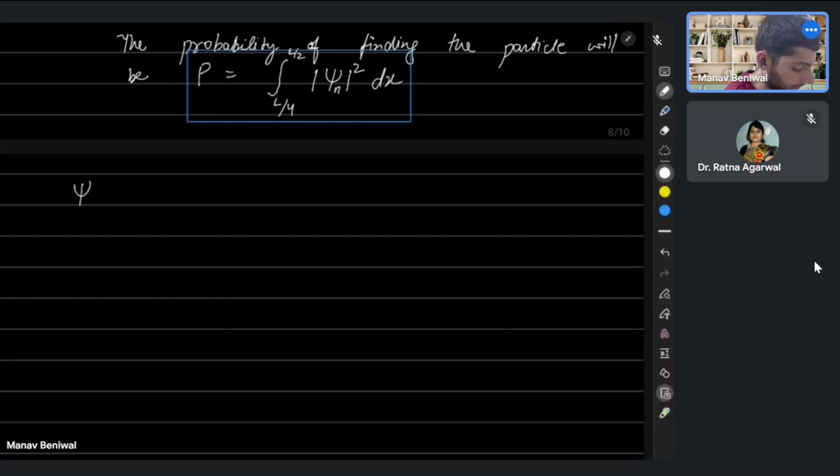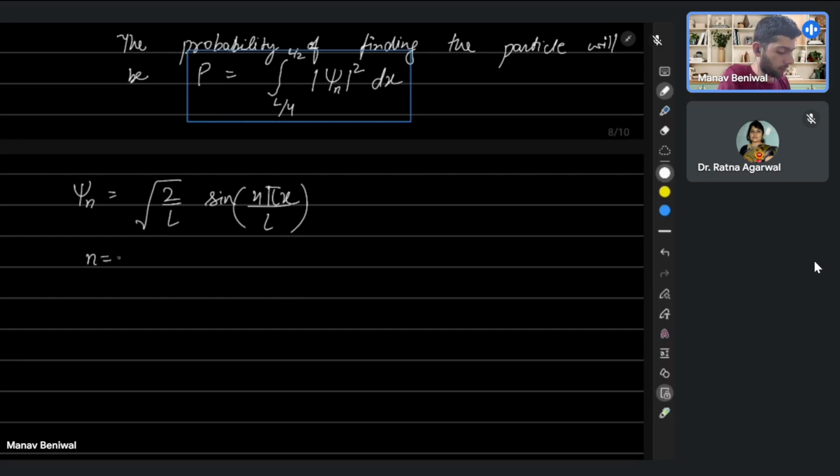Now what is psi? So psi n is under root 2 by L sine n pi x by L. And what does first excited state mean?